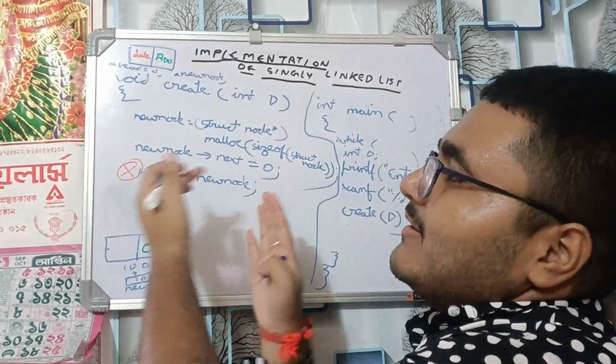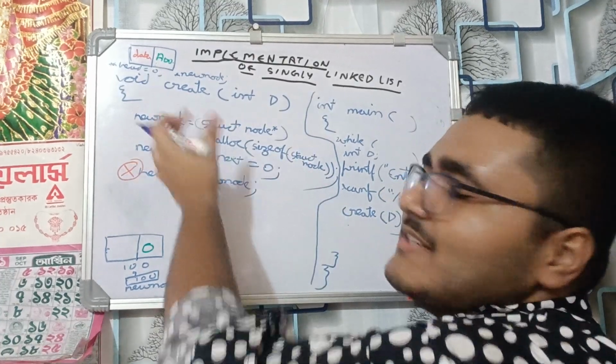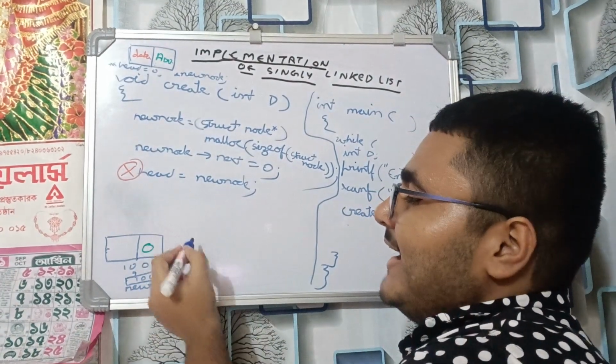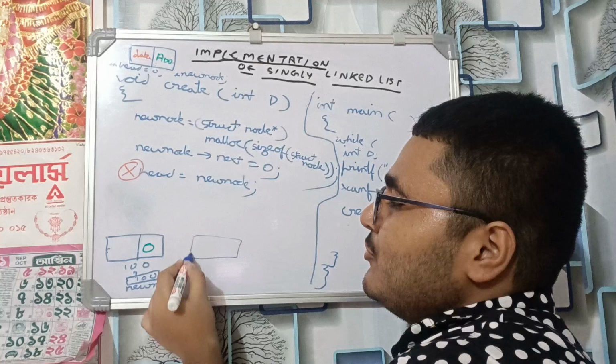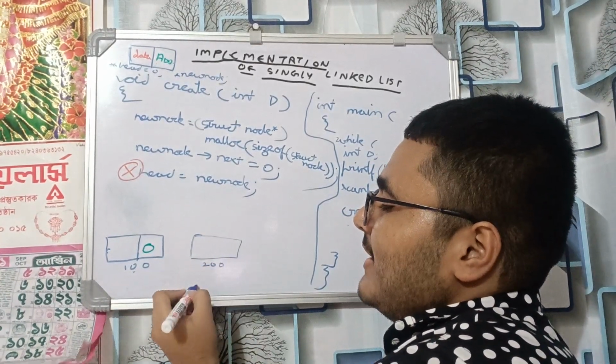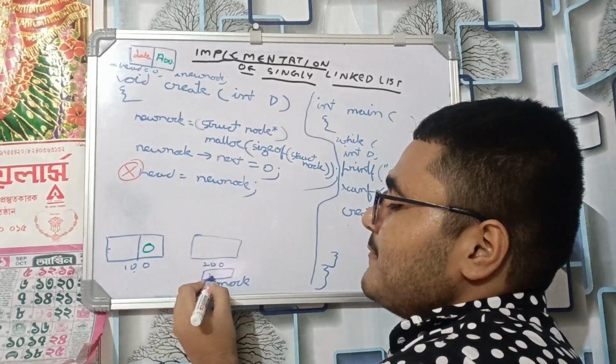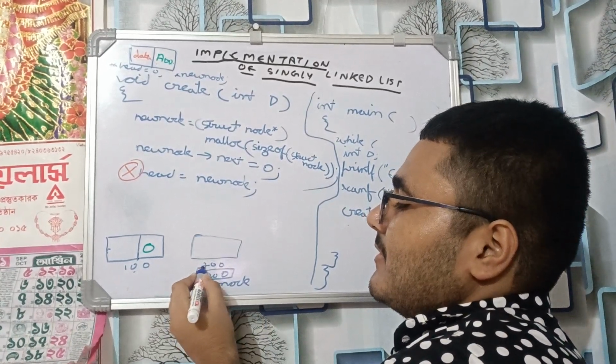If this loop runs again, this function is going to execute again, and again a new node is created, so the new node is pointing to the new node here, say suppose 200. Fine.